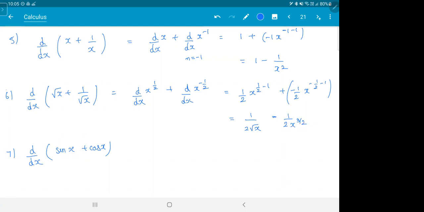Check. This is sin x and cos x. This would be cos x minus sin x. Check out 5, 6, 7.